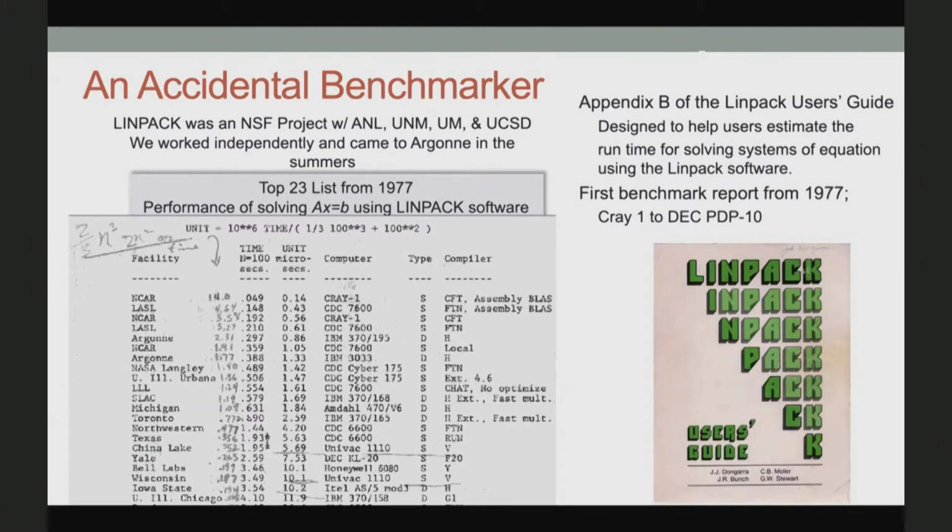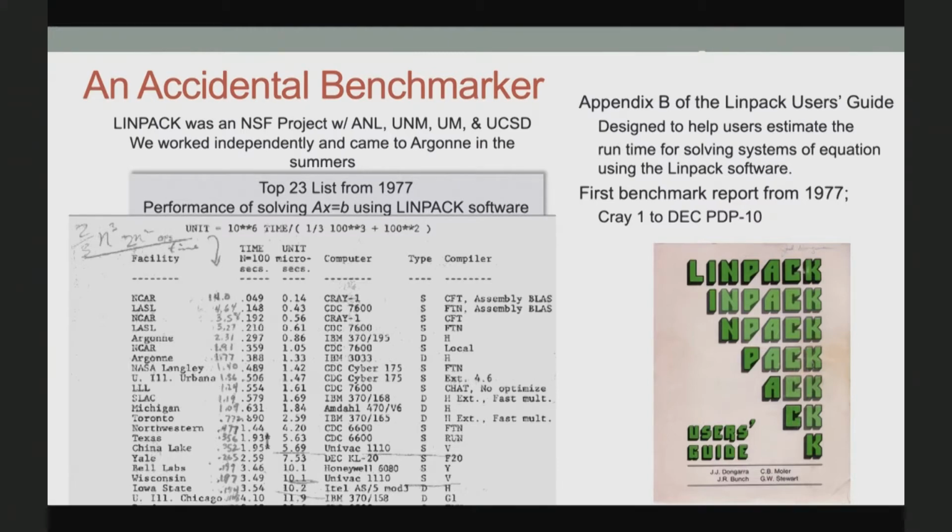So this is a table that appeared in the user's guide. It listed some 23 different machines, all solving a system of linear equations of size 100, listing them by the time it took to solve that problem. The handwritten scribble there is my conversion of the time to solve it into an execution rate.